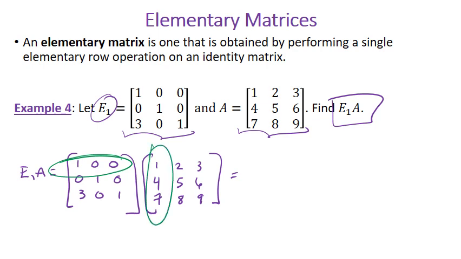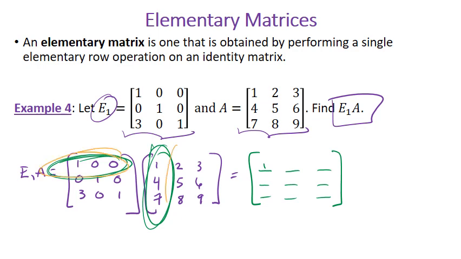remember, just going back to rows times columns, we take this row times this column. Since it's the first row, first column, the result goes in the first row, first column, which is here. Then you keep the first row, go to the next column. So your answer is in the first row, next column, which is 2.